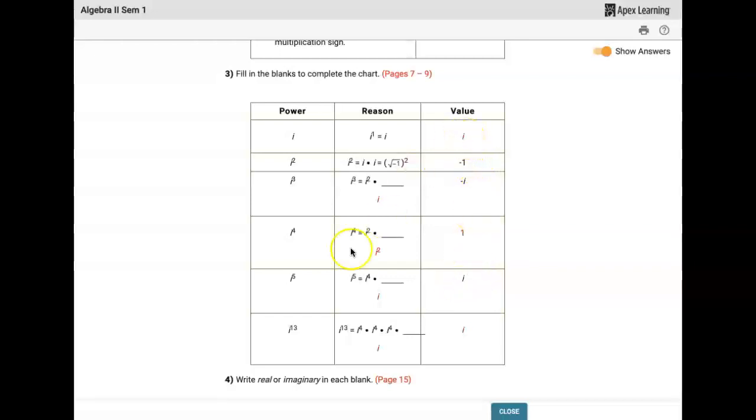The reason for that is because we can break these down into smaller units. i cubed is like saying i squared, which is -1, multiplied by i, so that gives me -i. i to the 4th is like saying i squared times i squared, so -1 times -1 gives me +1.